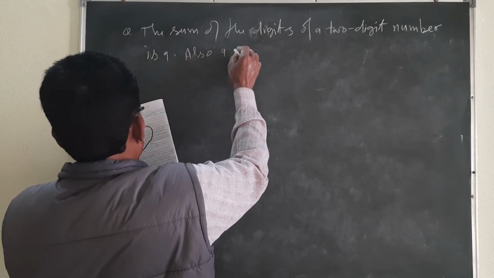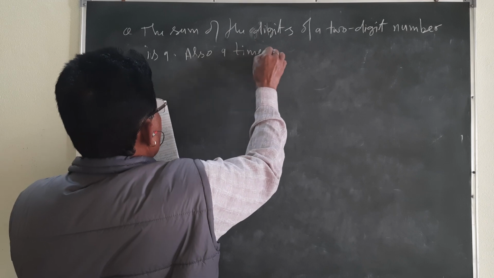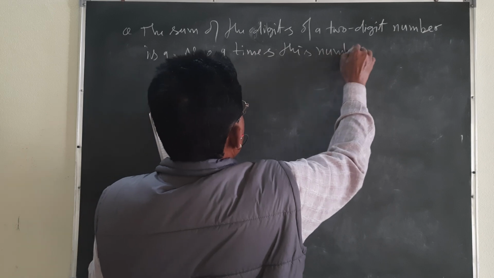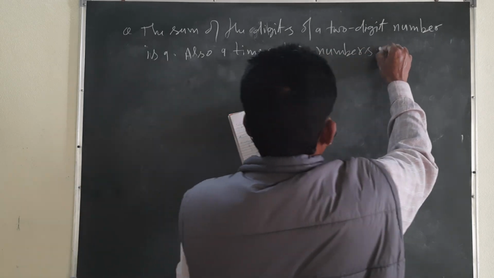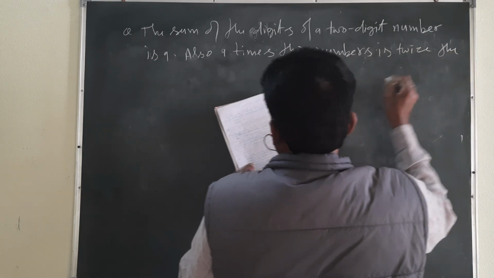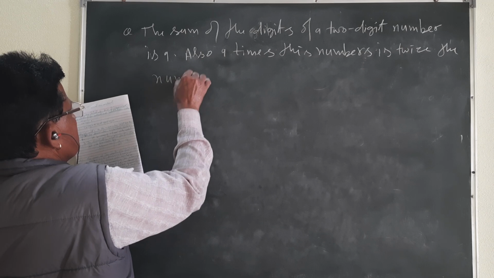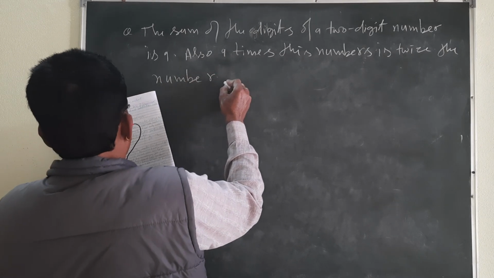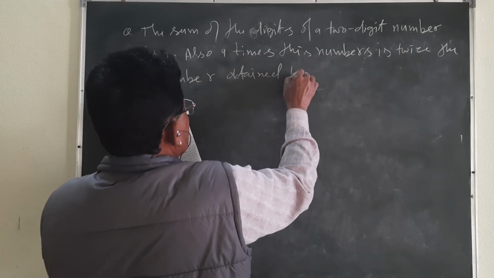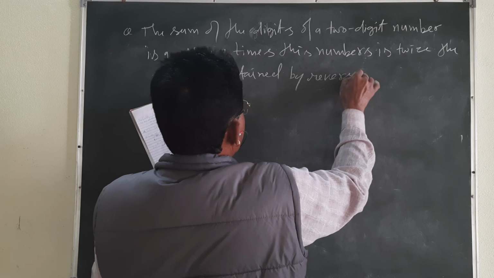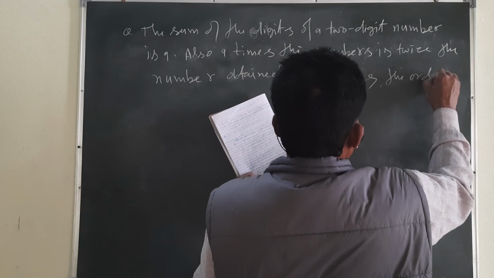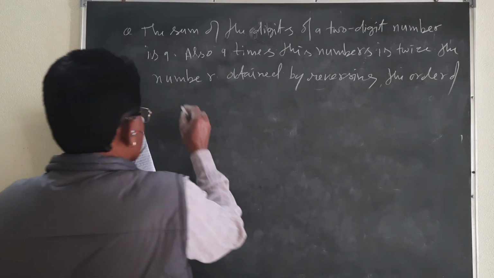Also 9 times this number is twice the number obtained by reversing the order of the digits.